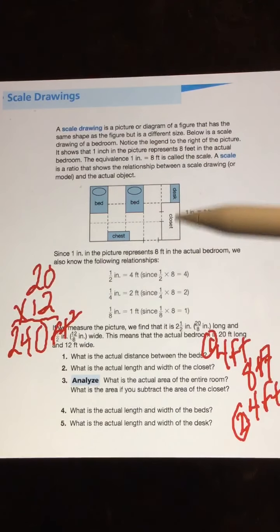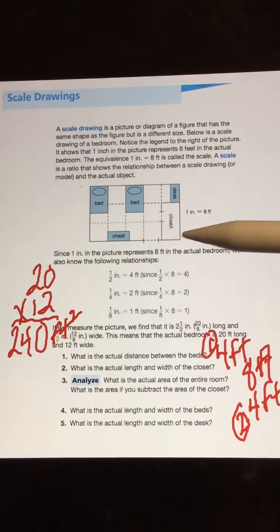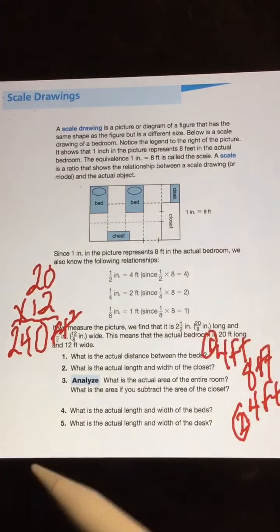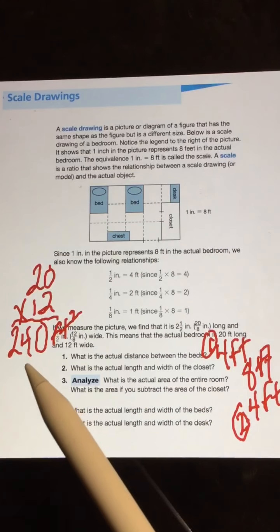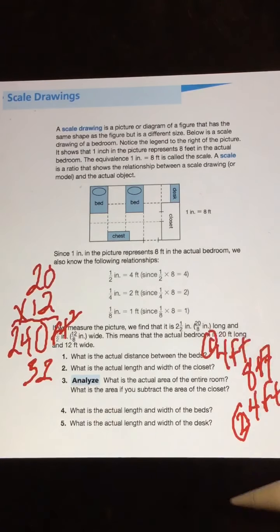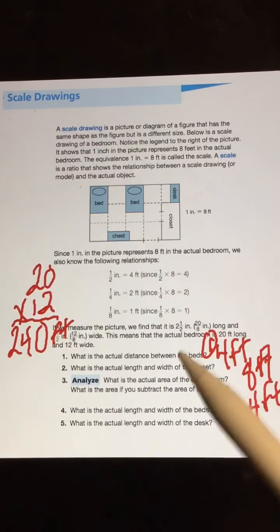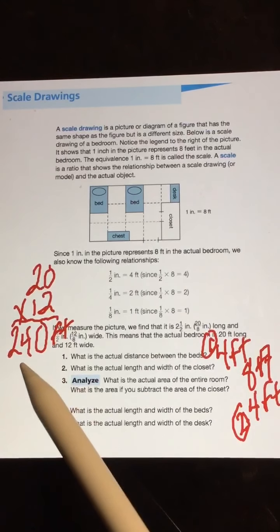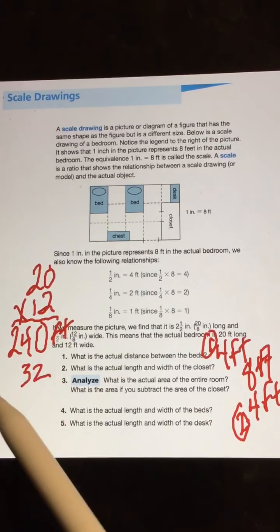Now I need to take out the closet. The closet is 8 feet by 4 feet. So 8 times 4 is 32, correct? So I need to subtract 32.